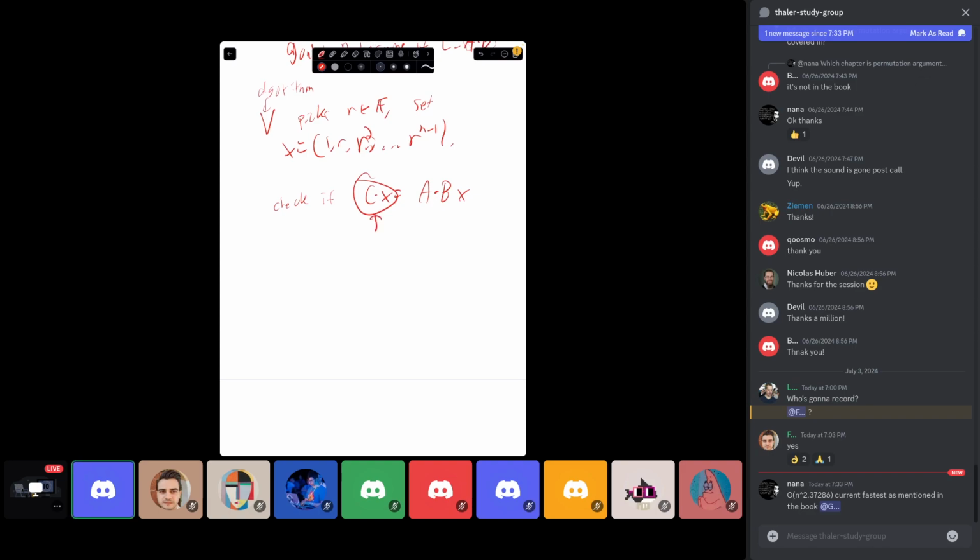So this is a matrix vector multiplication, which, unlike matrix multiplication, can be done in linear time.